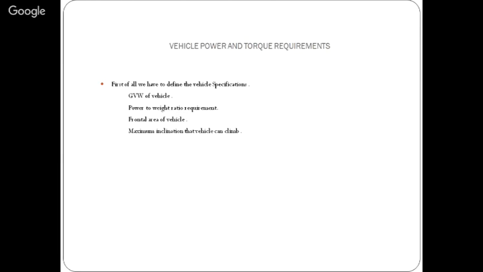Because if we design our vehicle as per government norms, then people will ask us why their vehicle is not going to climb up to 10 degrees. Then what are we going to do? That will be a big problem for us.